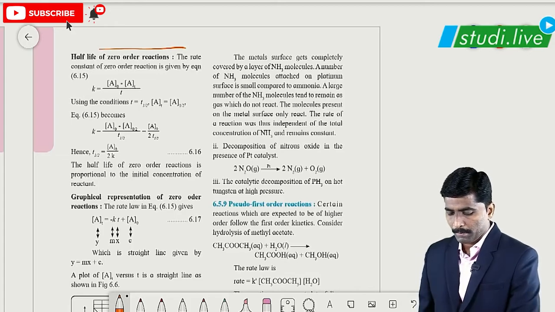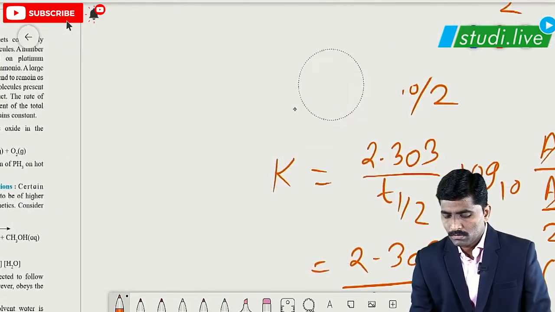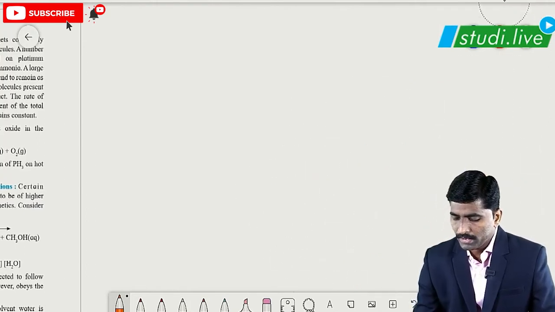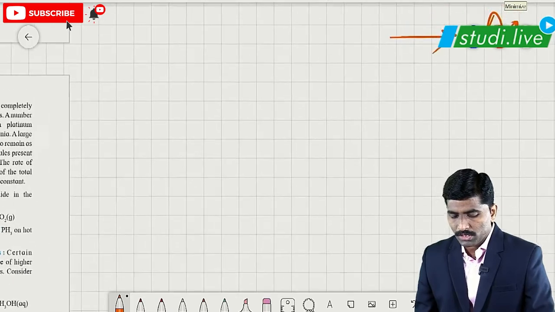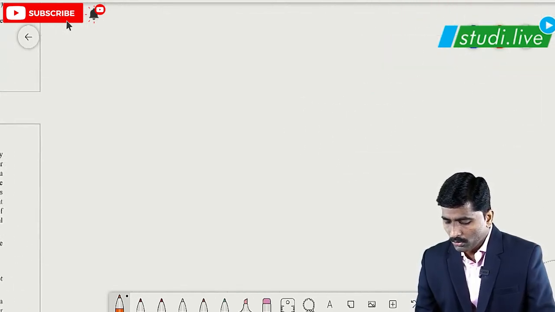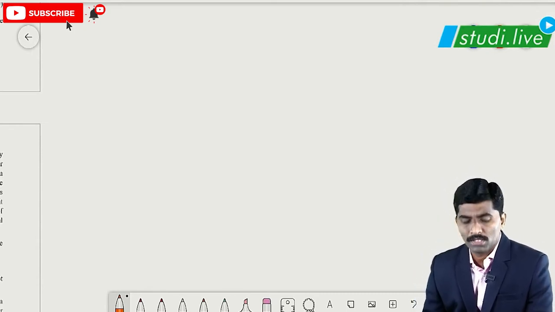And for that, let us assume, let me clear this. I hope the integrated rate law is very much clear to all of you. Based on that only, we are going to derive the integrated rate law for zero order.